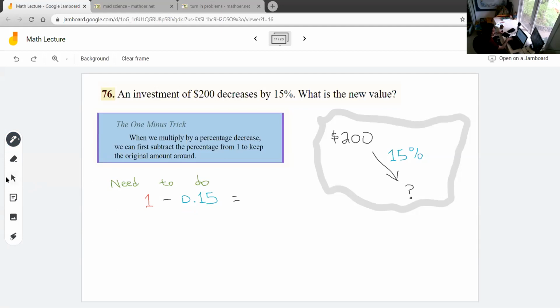And actually, I'm going to write that in green. So it's still true that I have 1 capturing my original amount, so it doesn't go away. And I have a 0.15 saying that there's a 15% change, but now we're going down, so this has to be a minus sign there.